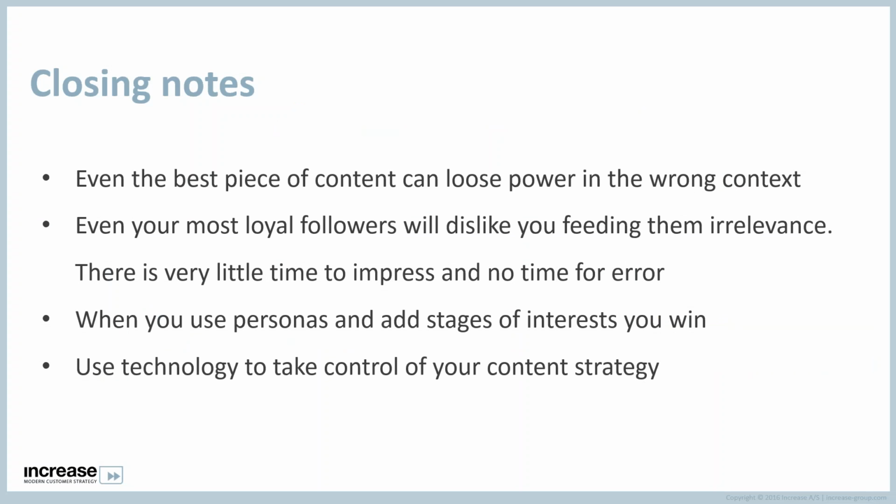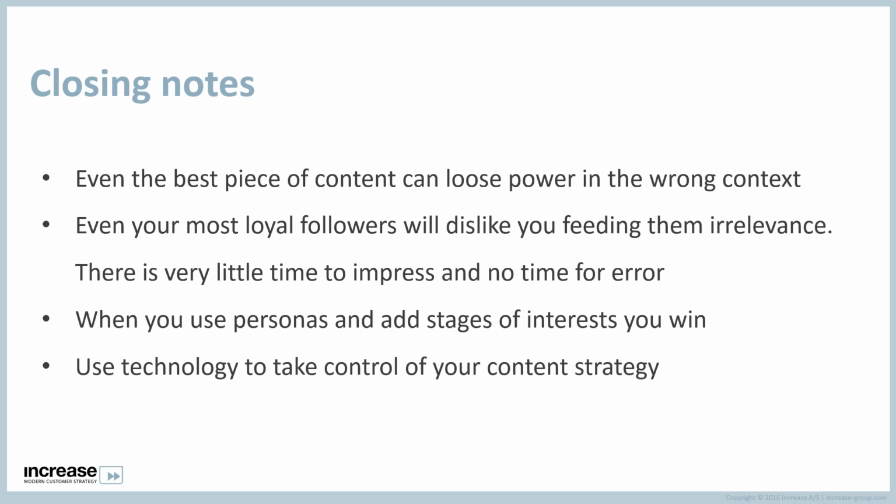So I think for us, the closing notes here are that we can create the best piece of content, but it really can lose its power if it's in the wrong context. Matthias's example in the beginning of strawberries and shoes makes a good point of that.